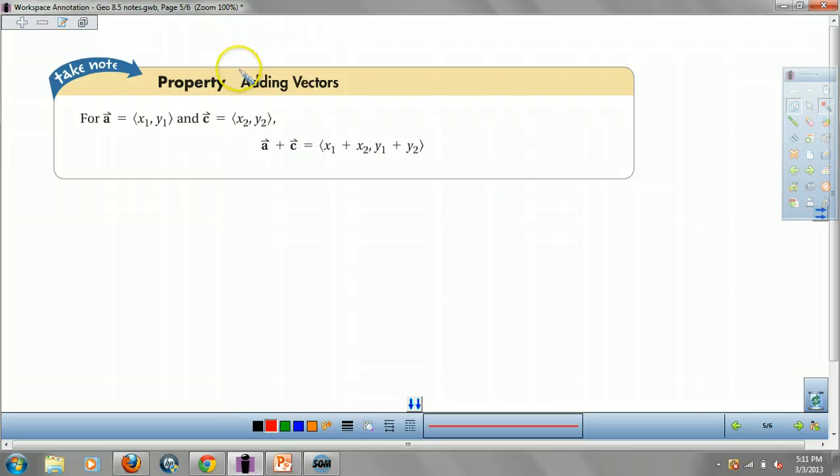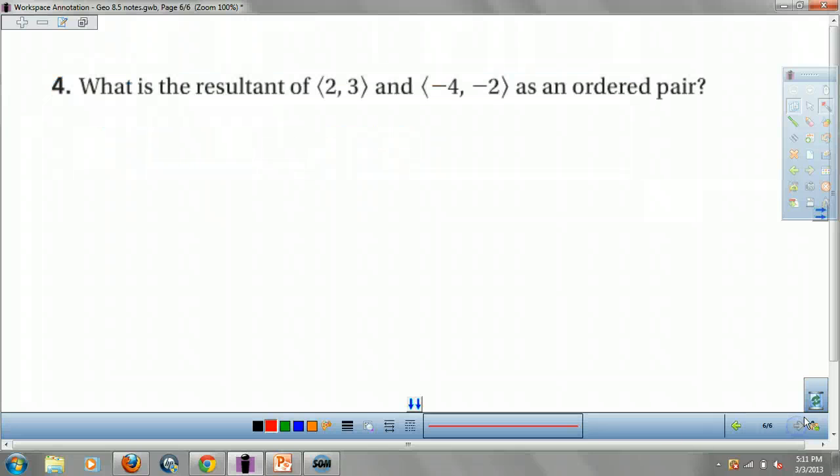Adding vectors. If you're adding vector A, which is x1, y1, and vector C, x2, y2, A plus C equals, well, your x plus x, then your y plus y. It's actually pretty easy peasy lemon squeezy. There we go.